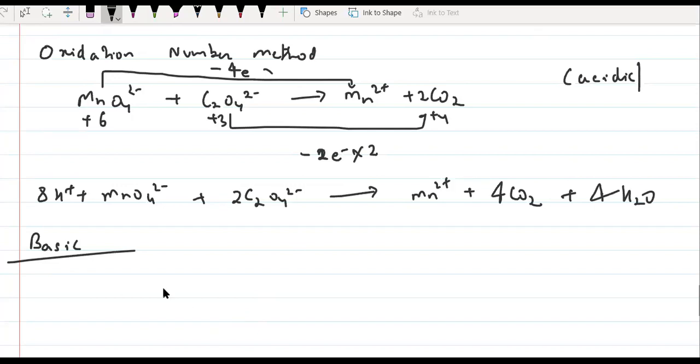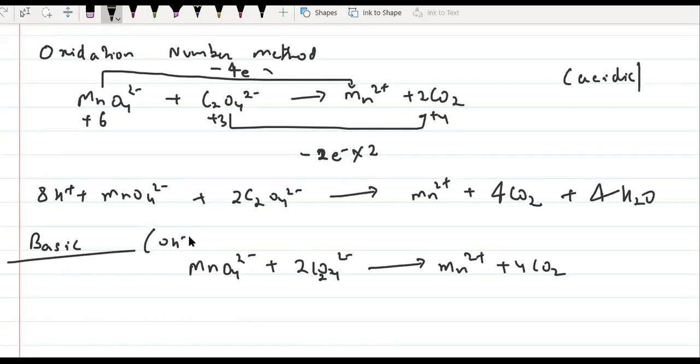Suppose this is the reaction. I'm just taking this reaction only: MnO4 2 minus plus 2C2O4 2 minus gives Mn2 plus 4CO2. Now this is in basic medium. What we have to do is, instead of H plus, on the reactant side you can add OH minus.